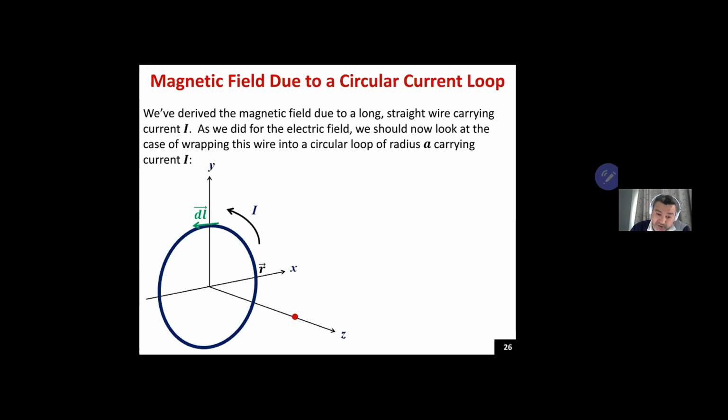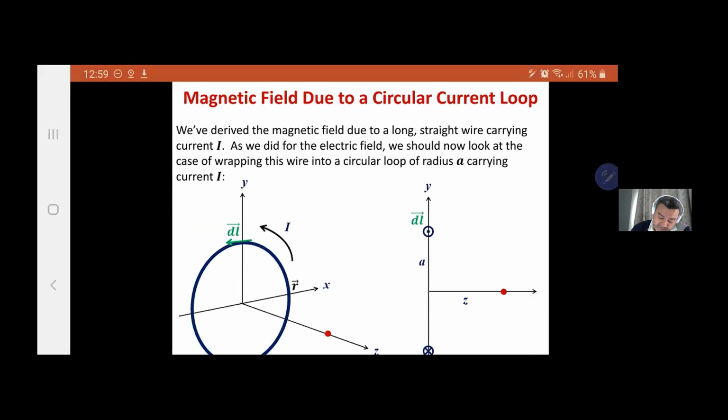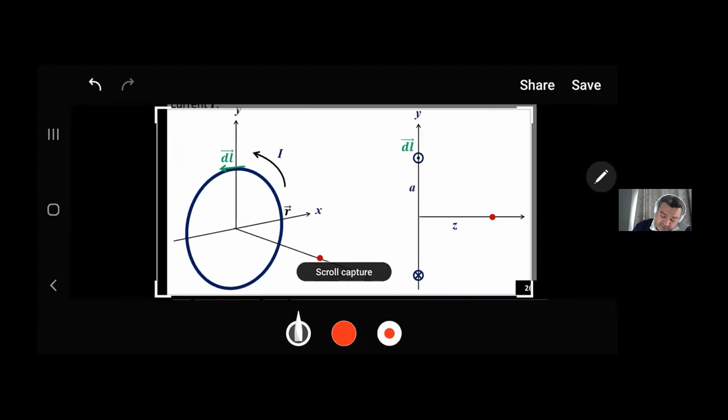We need to calculate the magnetic field right at the point, at the red dot here on the z-axis. Now, if we assume that the differential element is right there at the top, this means that the distance or the displacement vector between this differential element and the point is this.